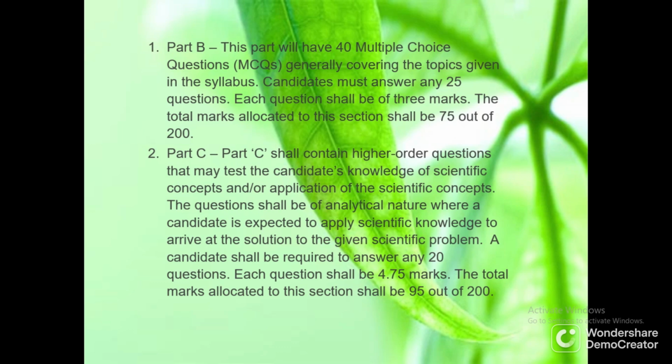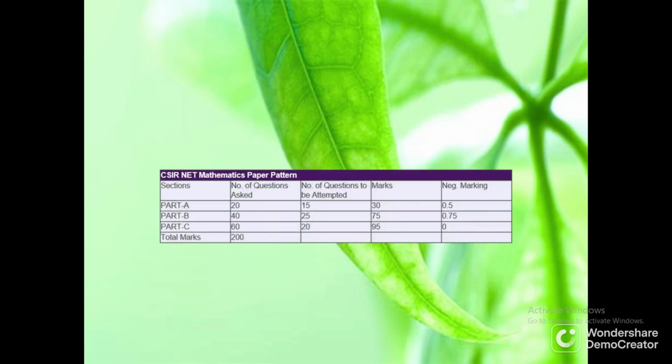Students can get a clear idea about the number of questions, attempted questions, and how many marks each question carries. Such concepts have to be clear for all the students who are preparing for the CSIR UGC NET. I think this lecture is helpful for students who are ready for the CSIR UGC NET exam.